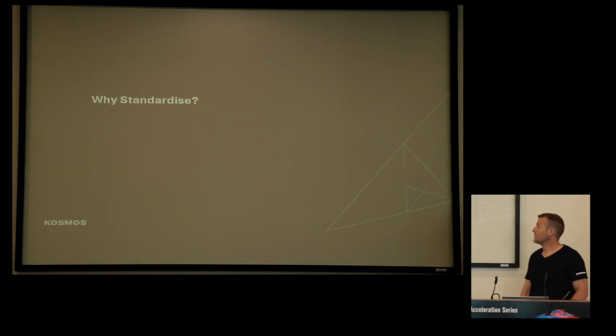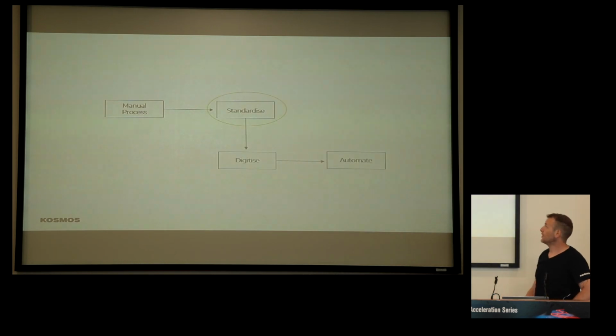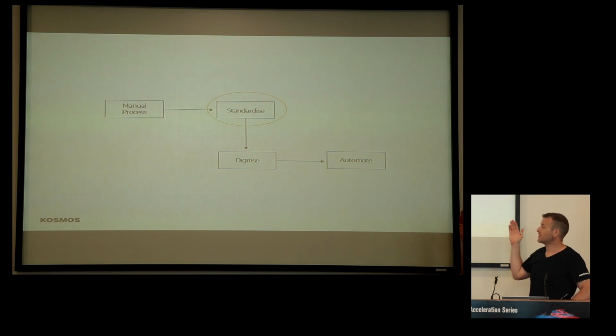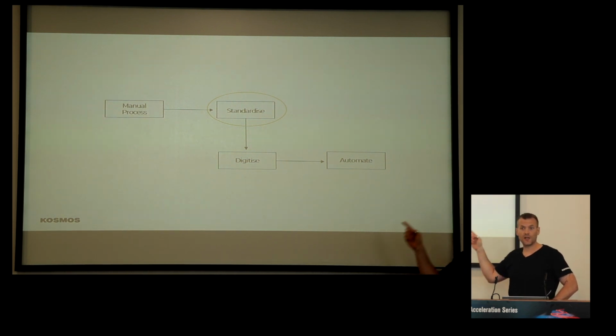But the big question for me is why standardise? And we've heard from the guys earlier how important standards are and the benefits you can get from it. But in simple terms for us, I would say that what we're trying to do is take traditional manual processes within the quantity surveying environment. We're trying to standardise as much as possible those processes so that we can digitise those processes so that in the future we can automate.